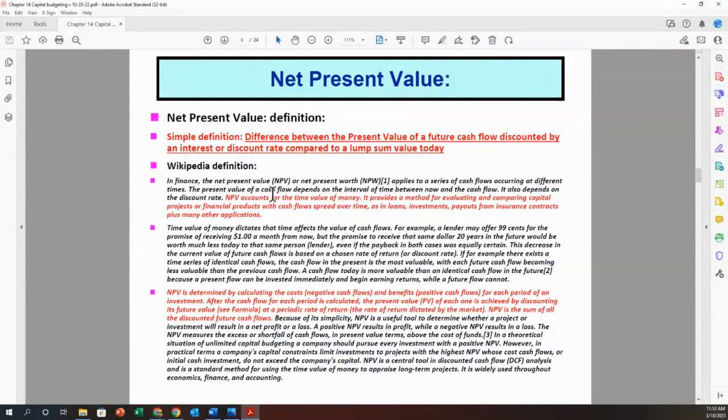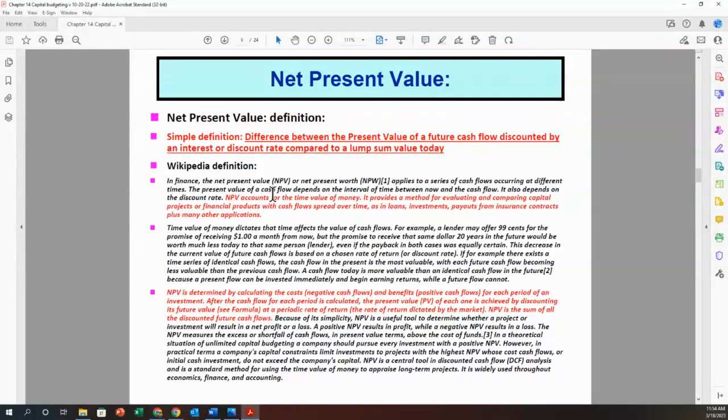So net present value: the difference between the present value of a future cash flow discounted by an interest or discount rate compared to a lump sum value today. Okay, so you need to memorize that. And you figure you'll be tested.